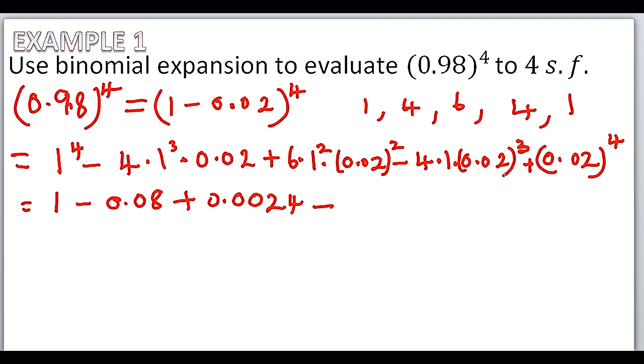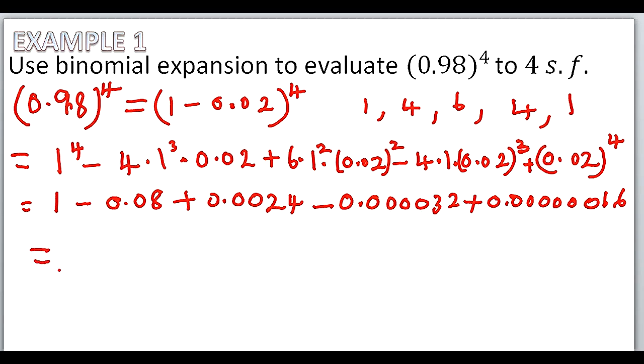Then we have minus 4 multiplied by 1 is 4. You multiply by 0.02 cubed, you use your calculator to compute that, 0.000032 plus. Now we have this 0.02 to power 4, using a calculator, you get 0.00000016. So that is the expansion.